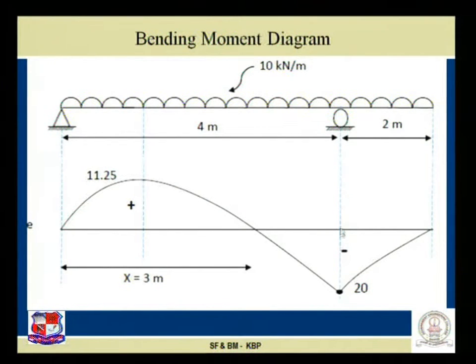Because of that, there is a certain moment, so the bending moment is not 0 at this support where there is an overhang. When there is a simple support and on the other side there is no support, the bending moment is definitely 0. Next observation: for a UDL, the variation of BMD is parabolic. And the third observation: the point at which bending moment is 0 is known as the point of contraflexure, and we found x is equal to 3 meter.